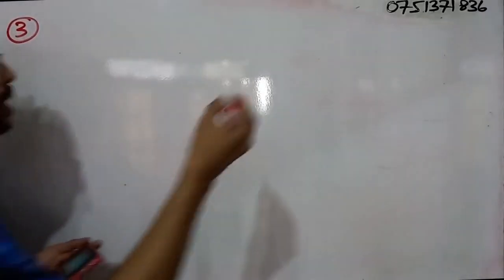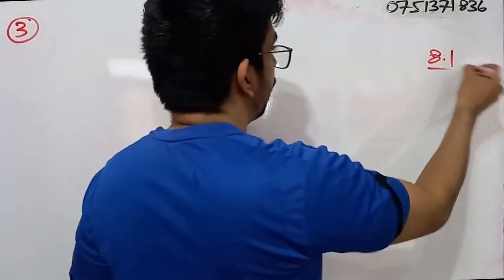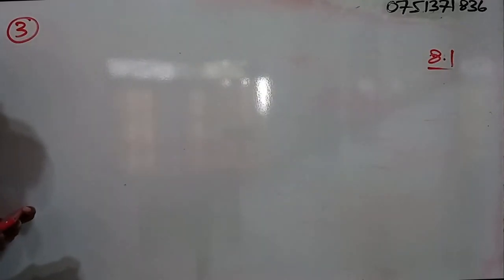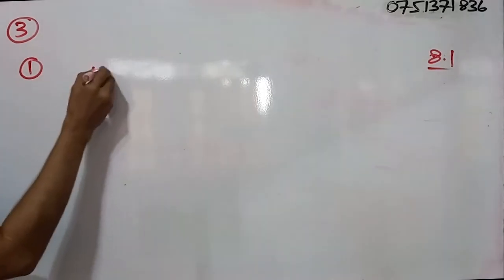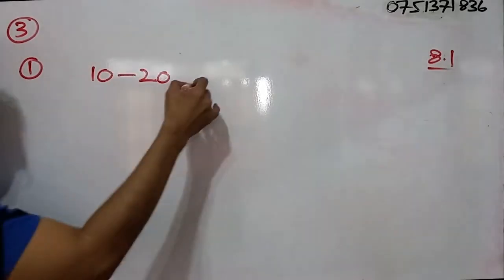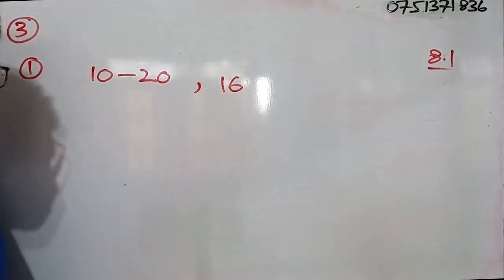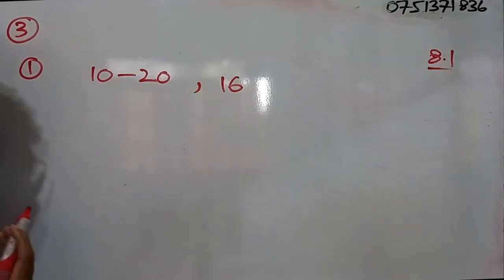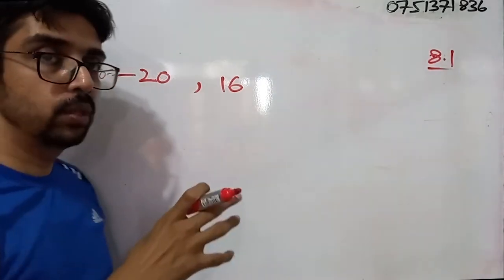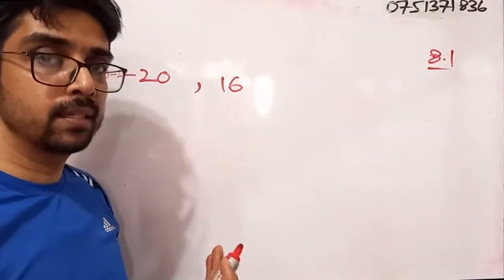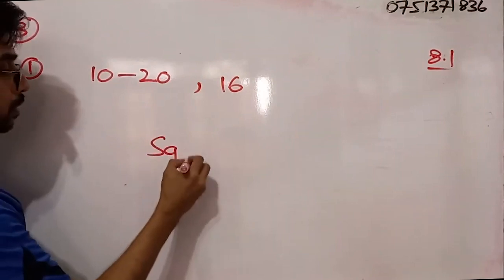Okay, question number 3. Still we are in exercise 8.1. Write down the perfect square between 10 and 20 and the reason for it. So between 10 and 20, so that is what? 16. So what is the reason? Why do we call this a perfect square? If we go back to the very basics regarding squares, what are square numbers?